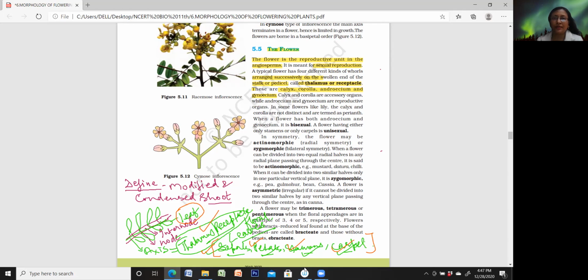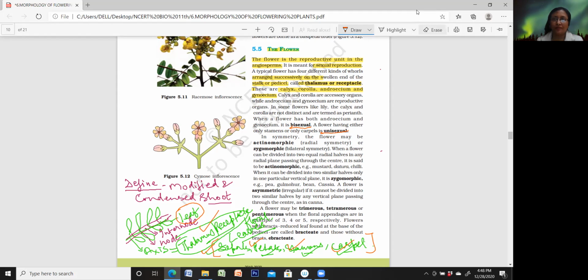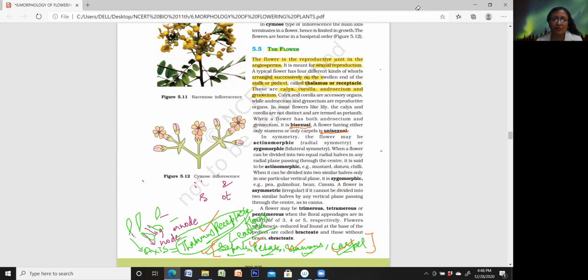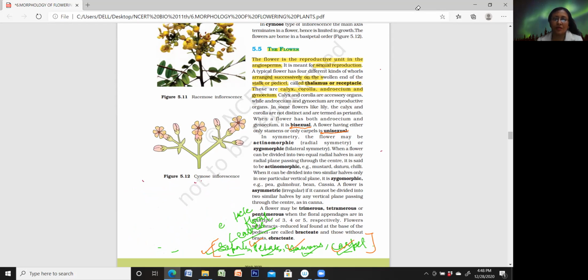We have to also understand that a flower can be bisexual or unisexual. Let me clean this so that I can tell you more about the rest of the things given here. In fact, there is a concept of whether a flower is complete or incomplete.